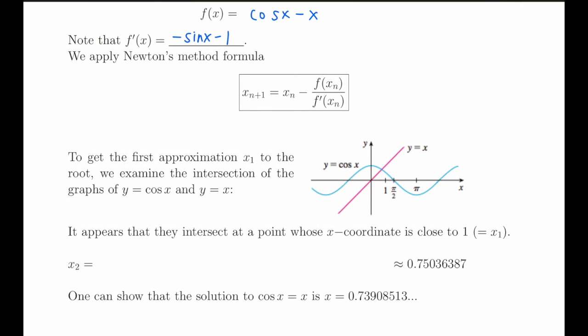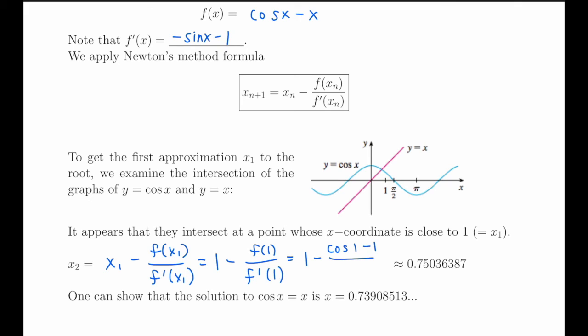And let's find x2. Remember, that means it's x1 minus f of x1 divided by f prime of x1. And since we chose x1 to be 1, we have 1 minus f of 1 divided by f prime of 1, which is 1 minus cosine 1 minus 1 divided by negative sine 1 minus 1.